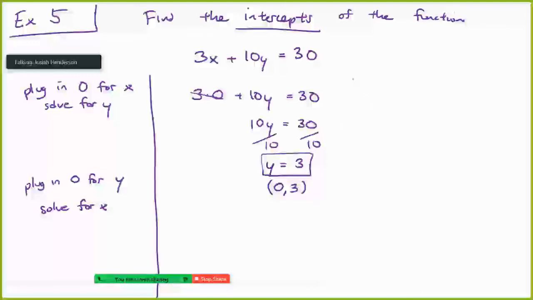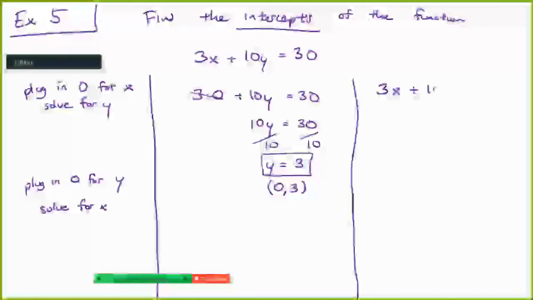Now we start the whole process over. And instead of plugging in 0 for x, we're going to plug it in for y. Okay, this time it knocks out the 10. Goodbye, 10. And we have 3x equals 30. Divide both sides by 3. And we get x is actually 10. 30 divided by 3 is 10.